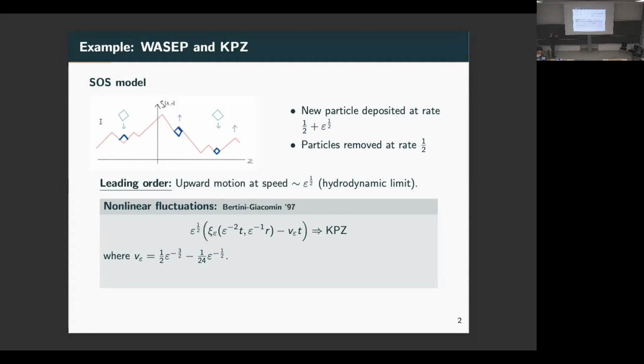What makes this grow upward is that the deposit happens slightly more frequently than the going away. So you have this parameter epsilon here, which tells you how much more you like to go up than you like to go down. Okay, so a relatively simple model for surfaces. And now the leading order hydrodynamic limit is pretty simple.